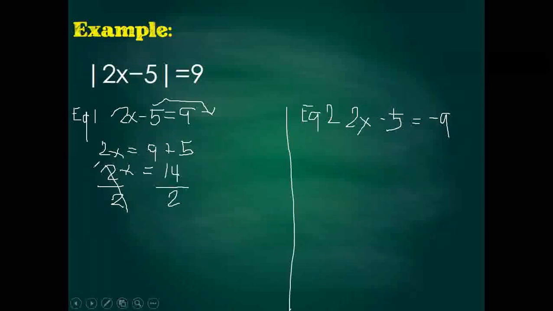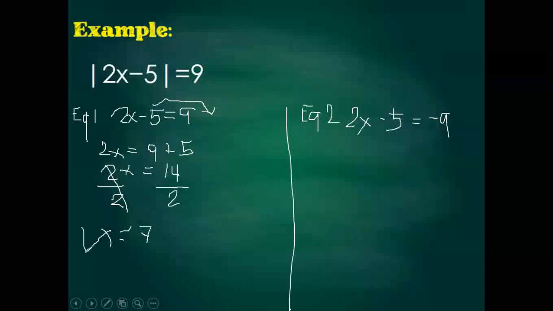Just copy the numerical coefficient here, that is 2, then divide both sides by 2 to cancel it. So it will be x only. 2 divided by 2 is 1, so there's an imaginary 1 here. Equals 14 divided by 2, 7.